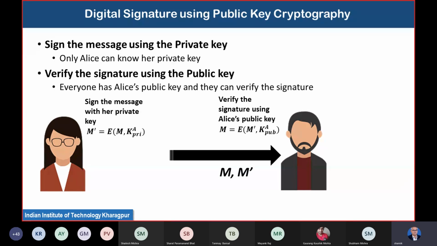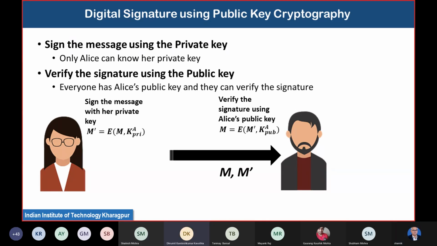There is a notion called a digital certificate, which ensures that you are using the correct person's public key. If Alice claims it is her public key, there is a way to get it verified through digital certificates. We are not going into it. We are trusting here that if Alice says it is a public key, I somehow know that it is. Is there any other question up to this?